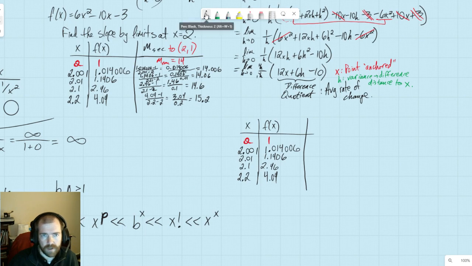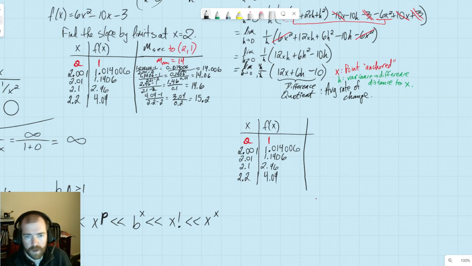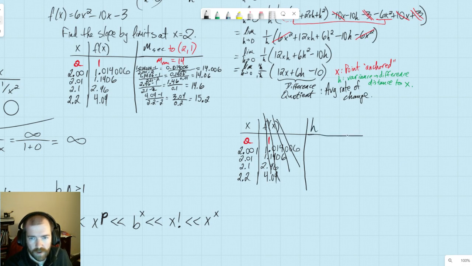So if we said we don't even want f of x anymore, we just want h, which is then going to get us difference quotient values.